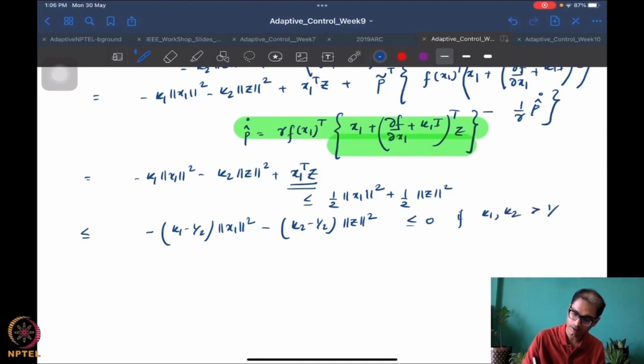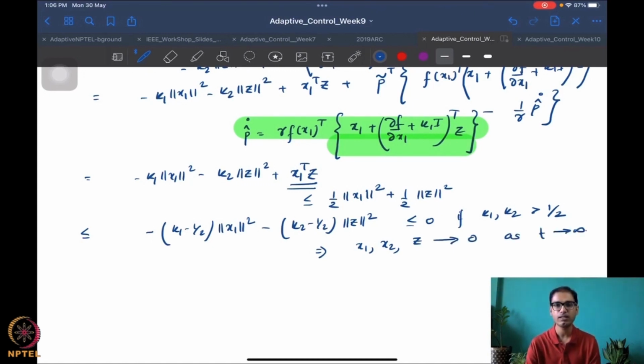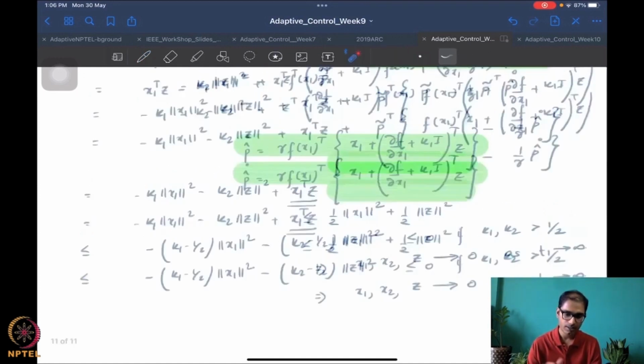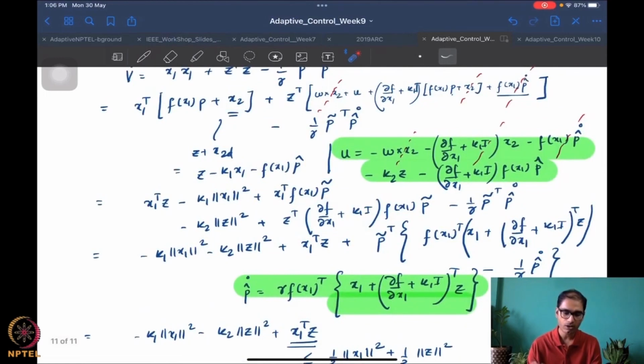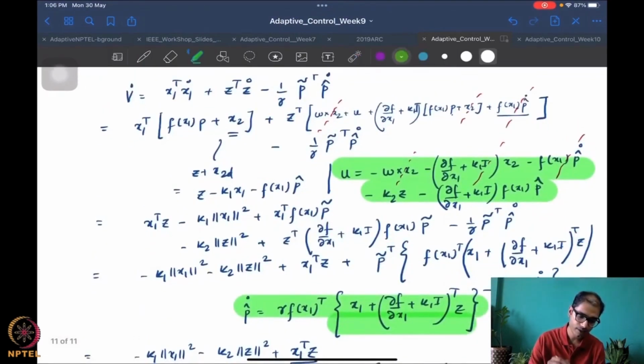Now notice that we have only one control law, one Lyapunov function, and one parameter update law, which is what you would want.